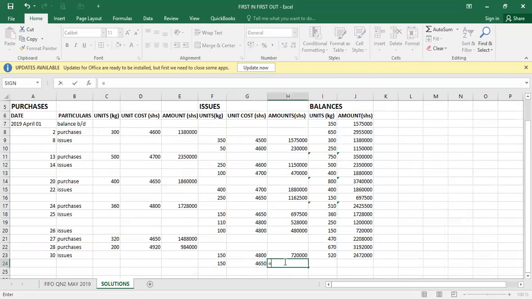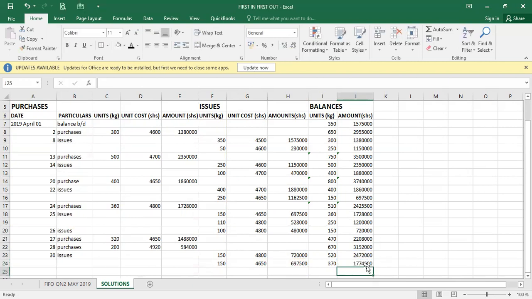So it will be cost, this, multiply it by this, get that. We adjust our stock, it will be cost, this minus this. Say this, enter. So we adjust this one by saying cost, this minus this.